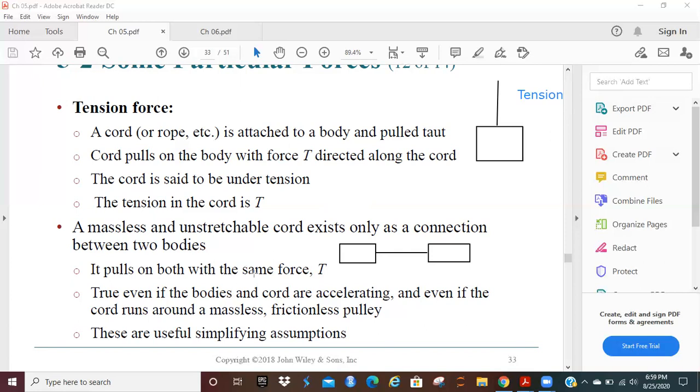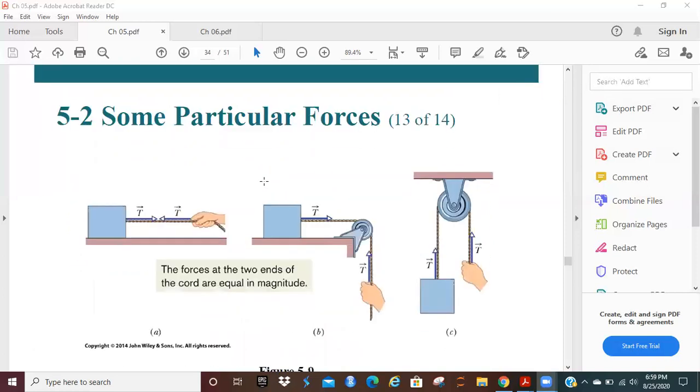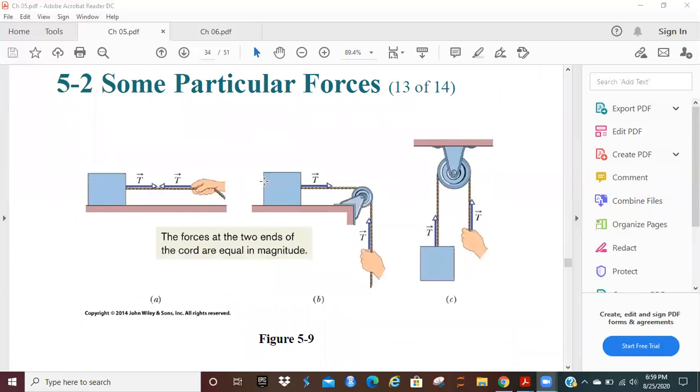Basically, we're looking at a way to simplify our assumptions as we go through this process. So the forces at the two ends of the cord are going to be equal in magnitude. In other words, the cord pulling on this particular block is going to be the same as the block pulling on this particular cord against whoever's holding it.